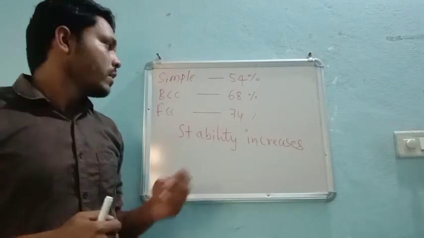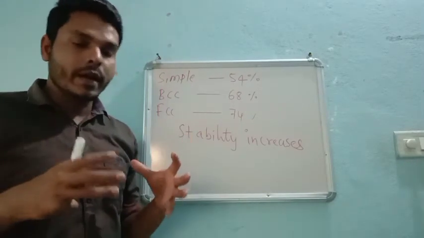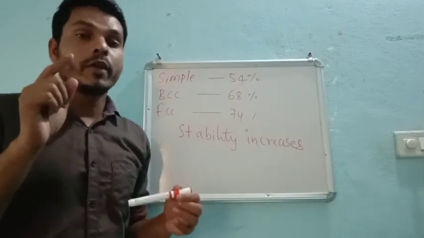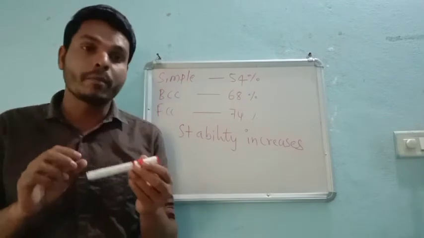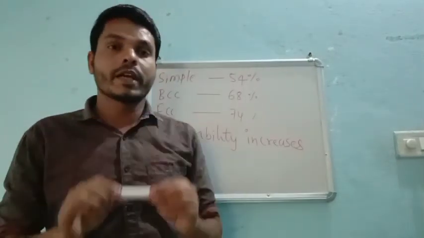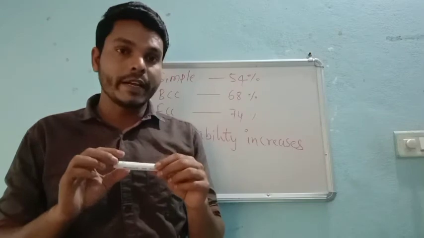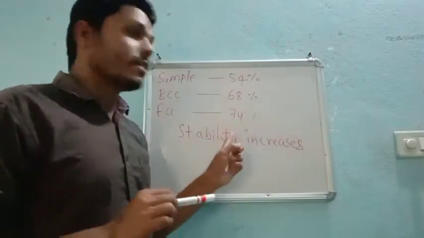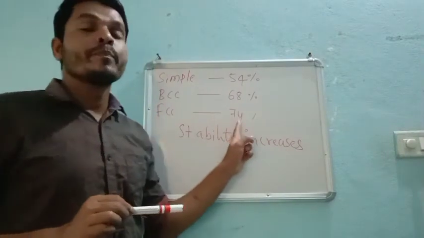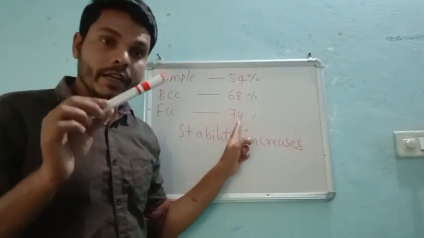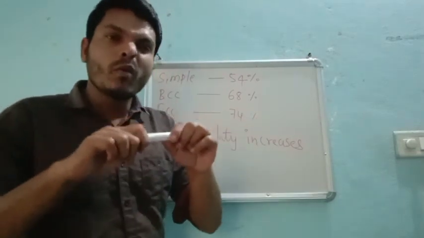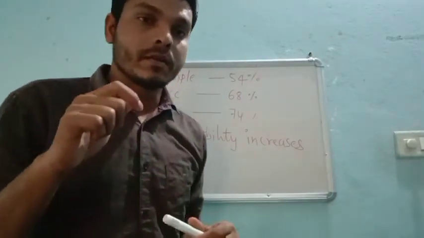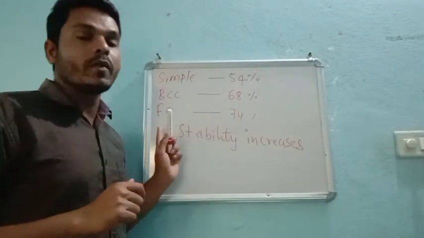Why? Because as the number of atoms is more in the unit cell, then definitely, as I said during the first or second class, some of the things we can remove very easily, but some of the solids will require a larger amount of energy. That is the reason wherever there is FCC type of packing in a solid, we put some more amount of energy to break the solid if it has the FCC tag.